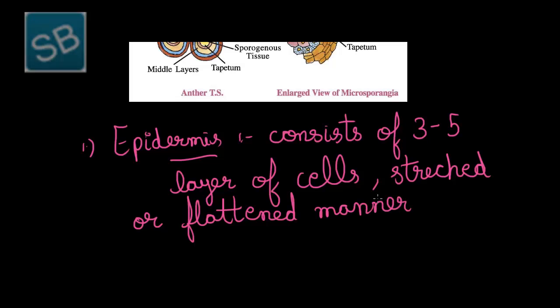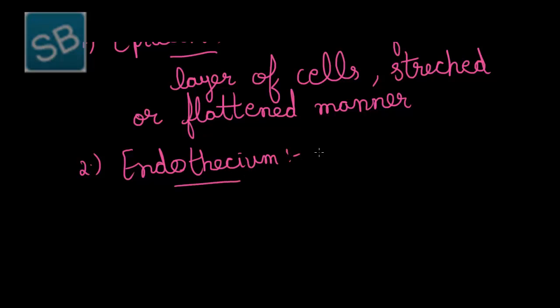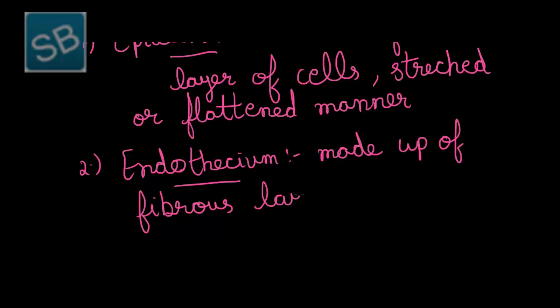The following layer, that is endothecium, appears to be a fibrous layer, that is a layer made up of fibrous tissue. The main function of such a layer is to provide protection and help in releasing the pollen grains from the matured anther.